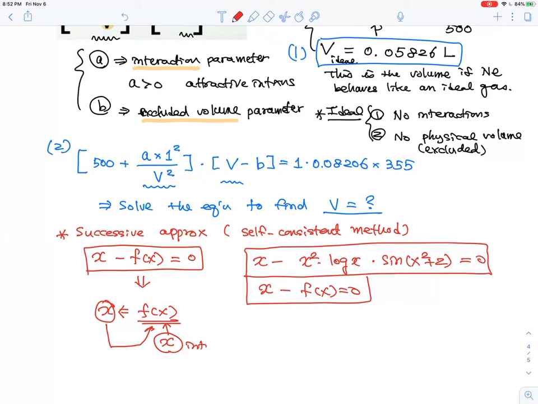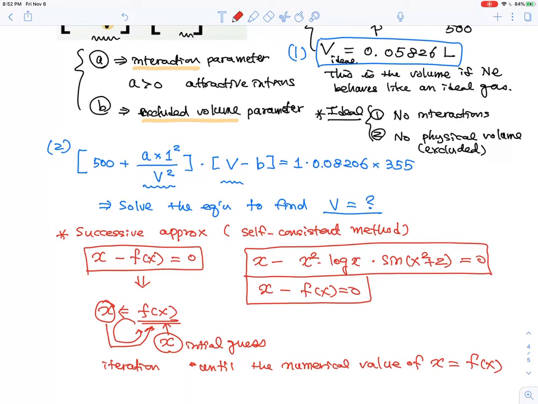This is my initial guess, and then I just keep iterating with this approximation until the numerical value of x is the same as f(x).